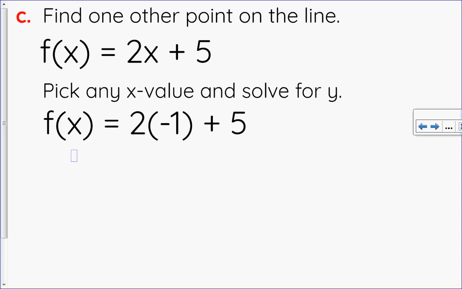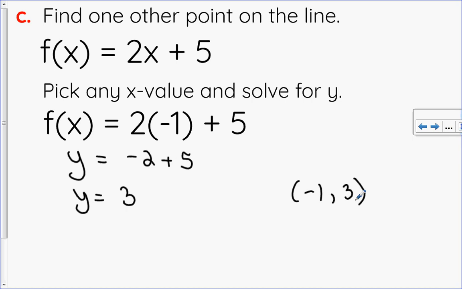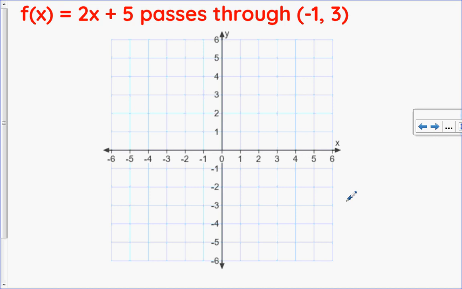So f(x), which is really just y, is equal to 2 times -1, -2, plus 5. -2 plus 5 is 3. So the point that I chose is (-1, 3). You could choose another point. That's just what I chose. So if I go onto my graph and I want to show that f(x) = 2x + 5 passes through that point (-1, 3), I can put that on the graph as well.